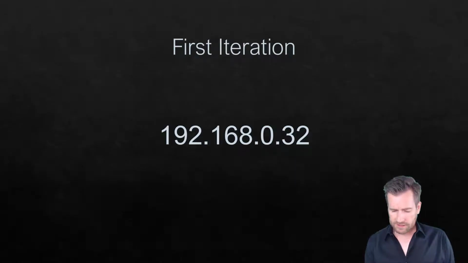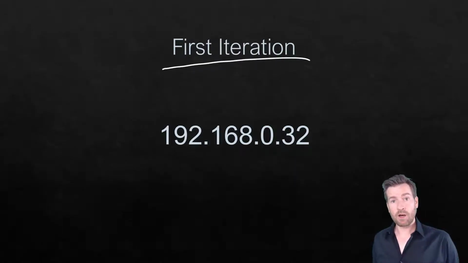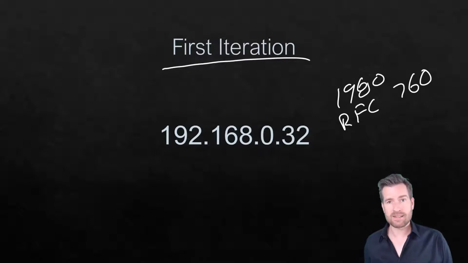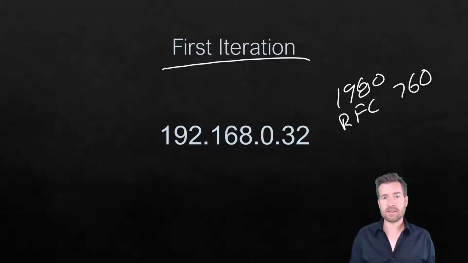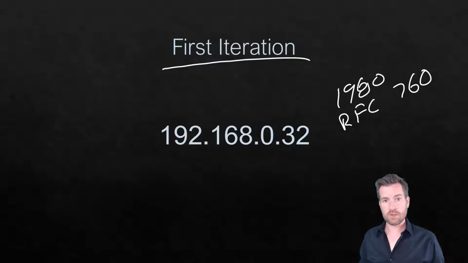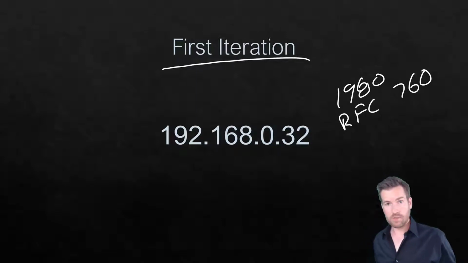One of the first iterations of Internet Protocol version 4 was done in 1980. And it came out with a request for comment 760, RFC 760. And RFC 760 defined a lot of internet protocol and IP addresses and how this communication happened and how we address certain computers or certain nodes on the network.